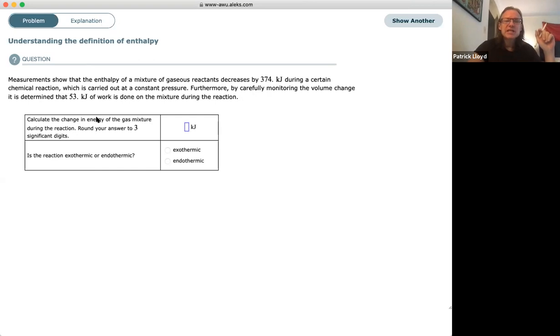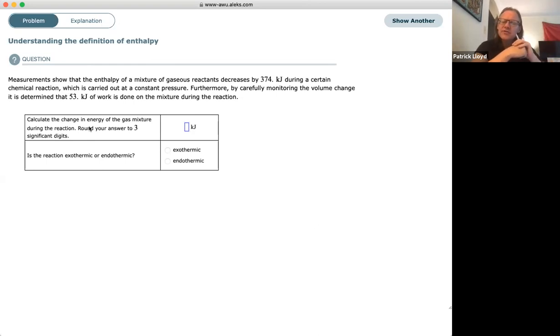What's the change in energy of the gaseous mixture? Well, that's delta E. Delta H is Q and delta E is Q plus W. So we have Q, we have W, we can find delta E.